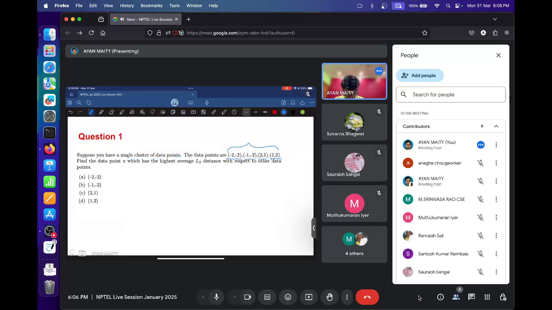Find the data point x which has the highest average L2 distance with respect to the other points. So among these four data points, which data point has the highest average L2 distance with respect to the other data points? Four options are given, and you can write your answer in the chat.